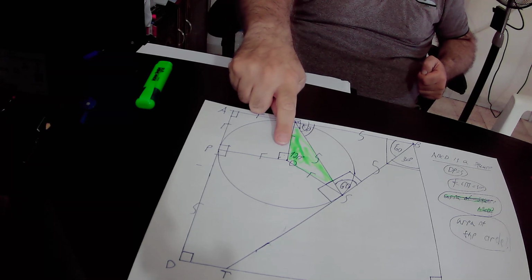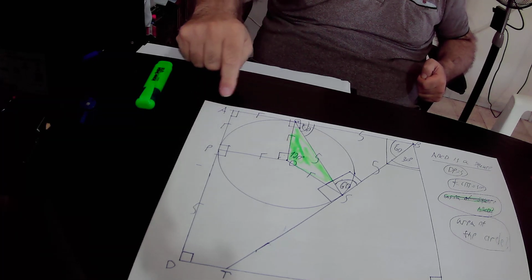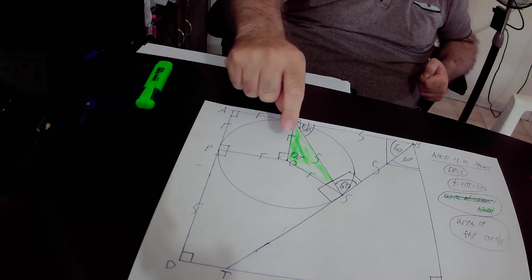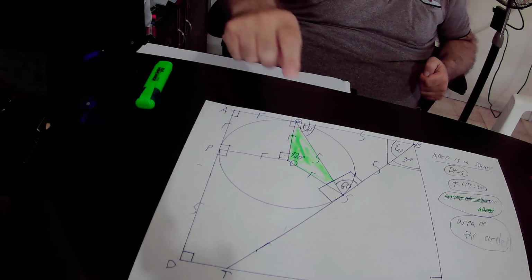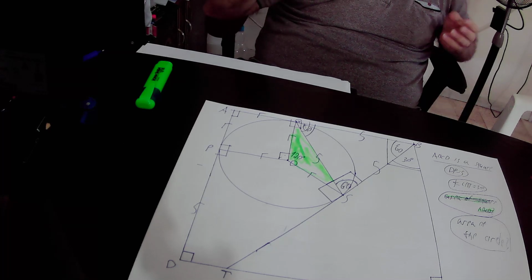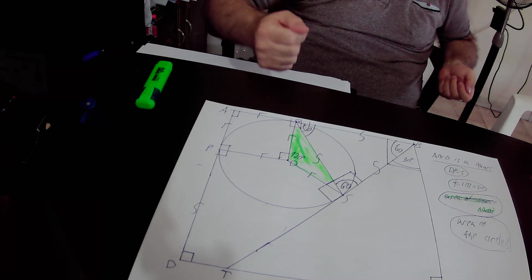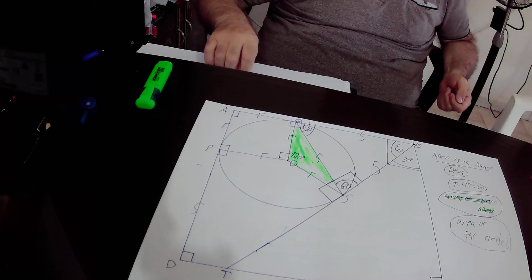Therefore, this angle must be equal to 90 degrees. In order to complete the sum of the angles in quadrilateral AQPO to 360 degrees, this angle must be equal to 90 degrees. So we actually found out that inside quadrilateral AQPO we have 4 right angles.